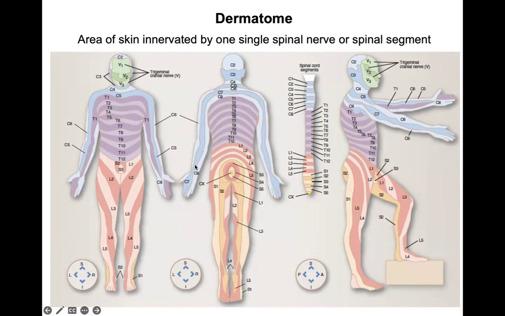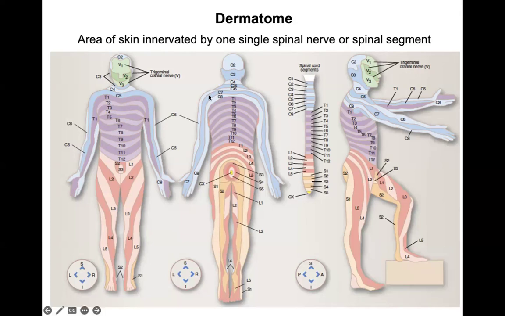C7 here, you can see for the arm, the whole area right here, meaning whatever is labeled C7, these areas of the skin will have the nerve that eventually goes into the spinal cord at the C7 section, okay?